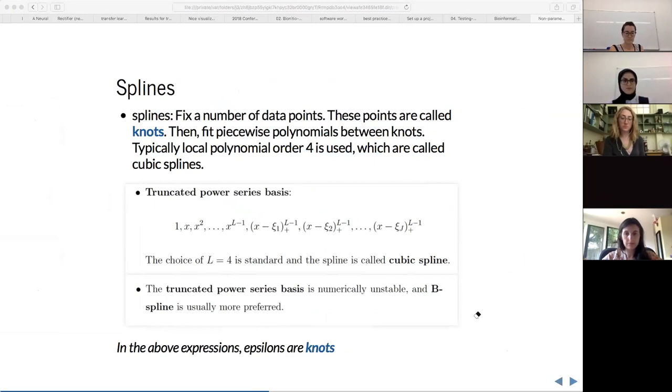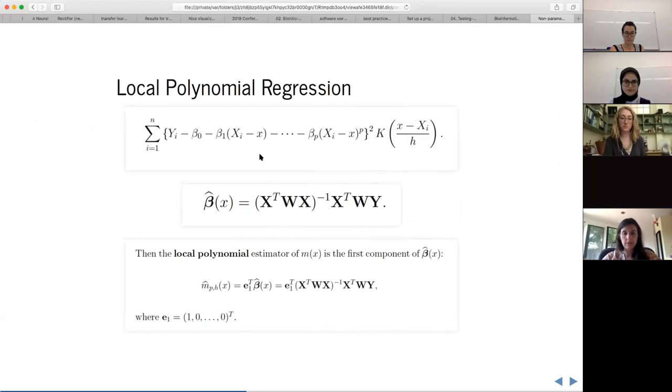So in addition to the local polynomials, we have these splines. Note that for the previous case, if you want to estimate a local polynomial regression, we have to estimate p different parameters, and depending on how far we want to go with that p, increasing the order of the polynomial, that can mean a lot of parameters to estimate.